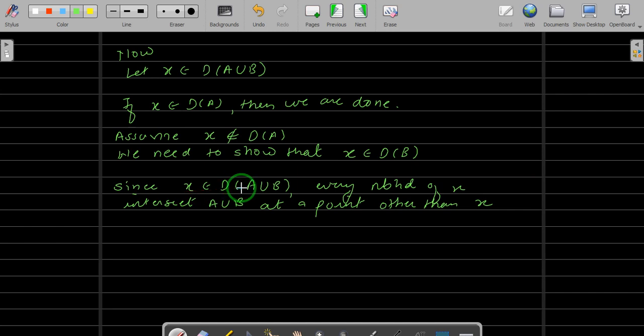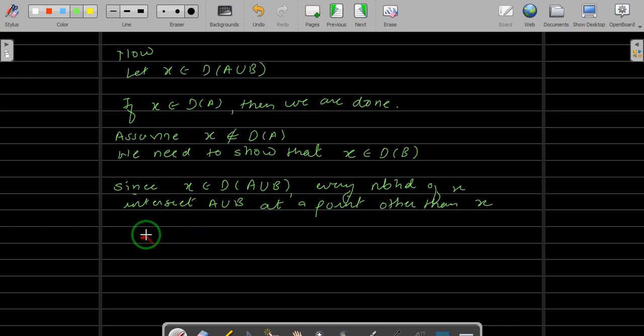We have X belongs to derived set of A union B, that means X is a limit point of A union B, and that means every neighborhood of X intersects A union B at a point other than X, or it contains a point of A union B other than X.